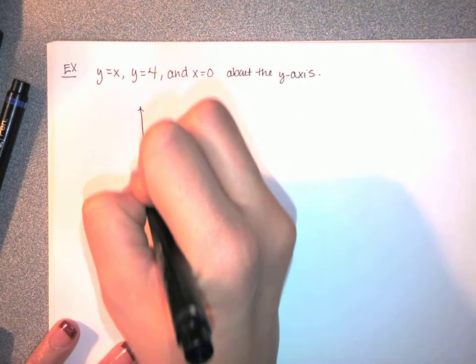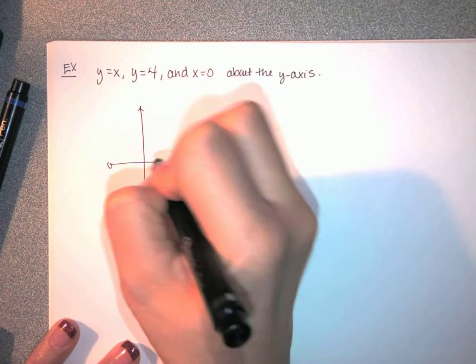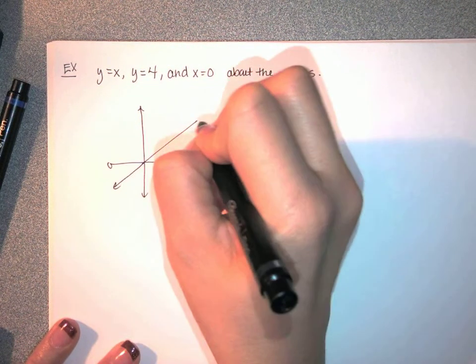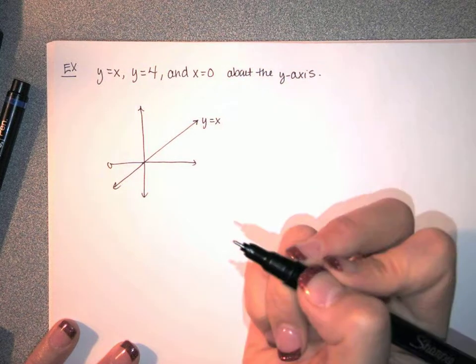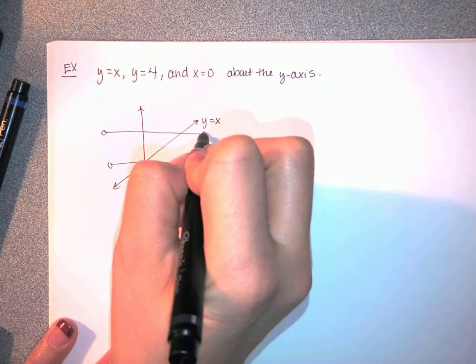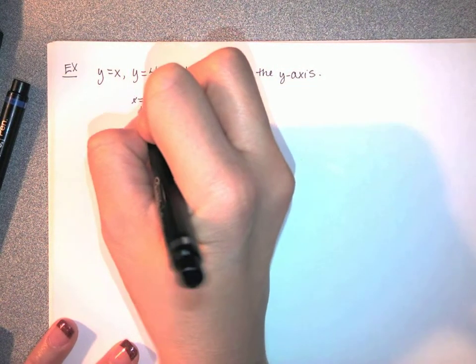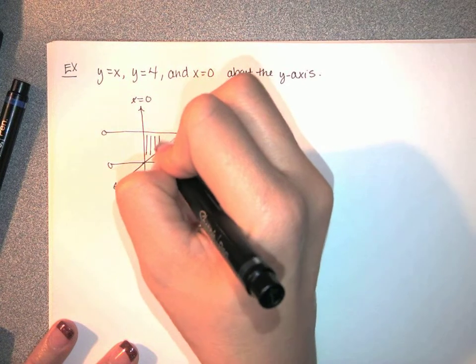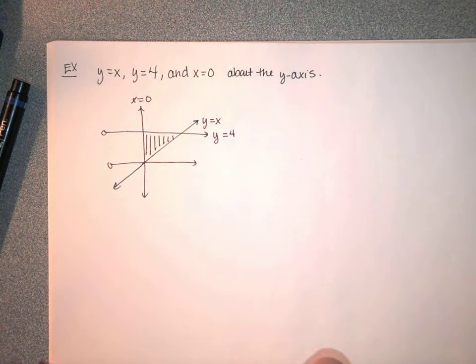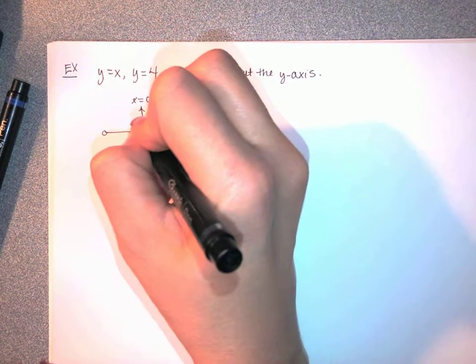So y equals x looks like this. y equals 4, that's just a horizontal line. x equals 0 is right here. And we're revolving it about the y-axis.